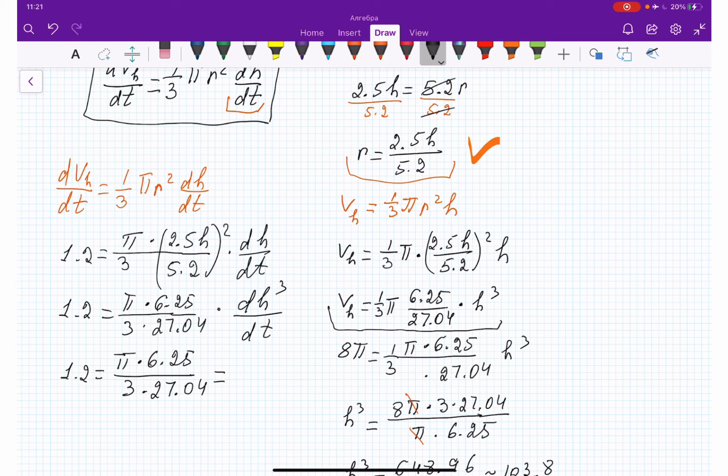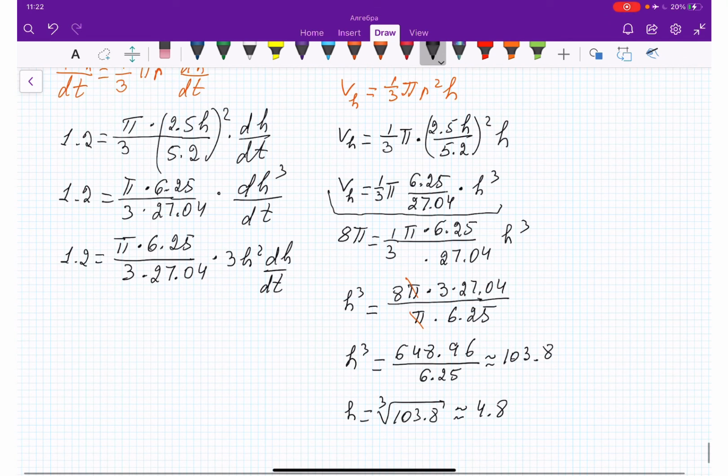So d h cubed by dt is going to be 3 h squared and dh by dt, correct? dh by dt.